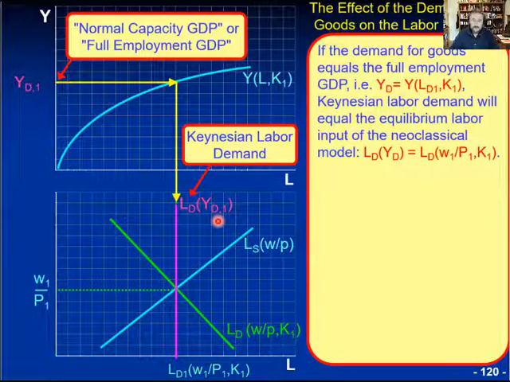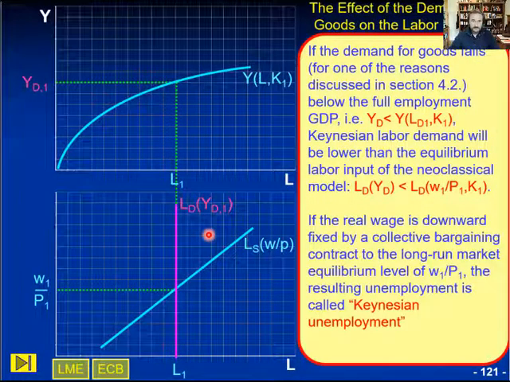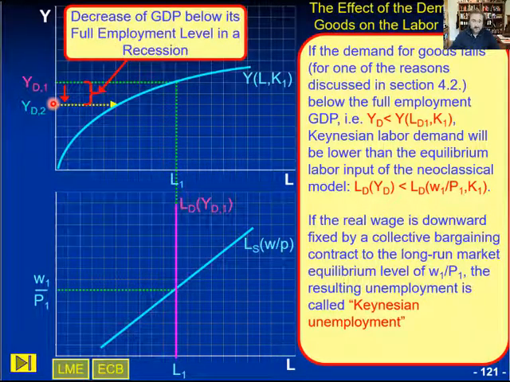Only if the demand for goods equals full employment GDP, Keynesian labor demand will equal the full equilibrium input of the neoclassical model. If, however, the demand for goods falls below this full employment level of GDP, for example, to this level, Keynesian labor demand will be lower than the equilibrium labor demand of the neoclassical model.